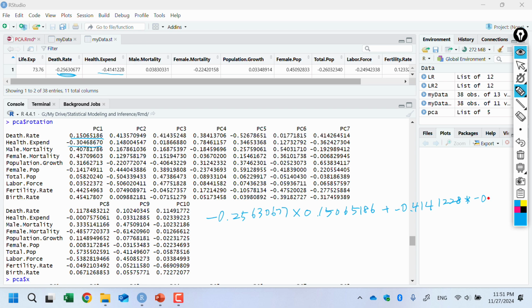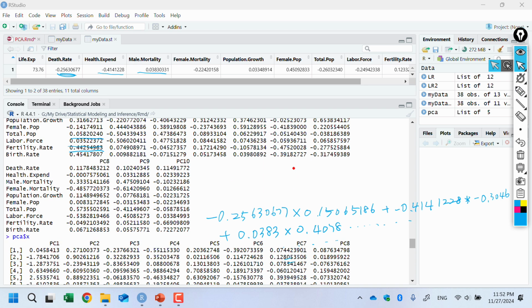Minus 0.3046 and so on, plus, right, and then the third number is 0.0383 times this number, right, 0.4078, and then if you do all of this, that will be this number.